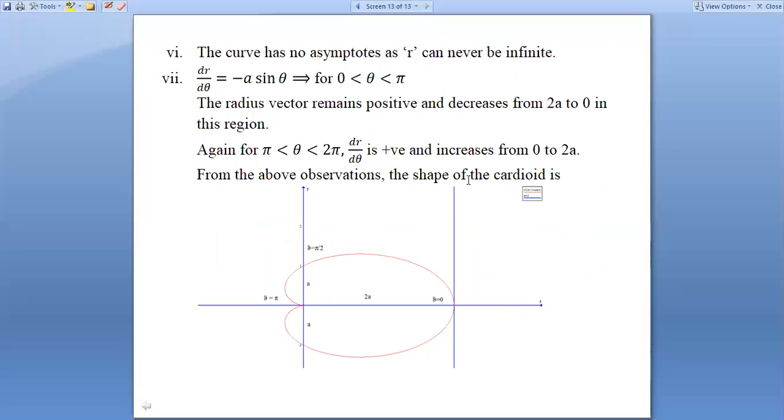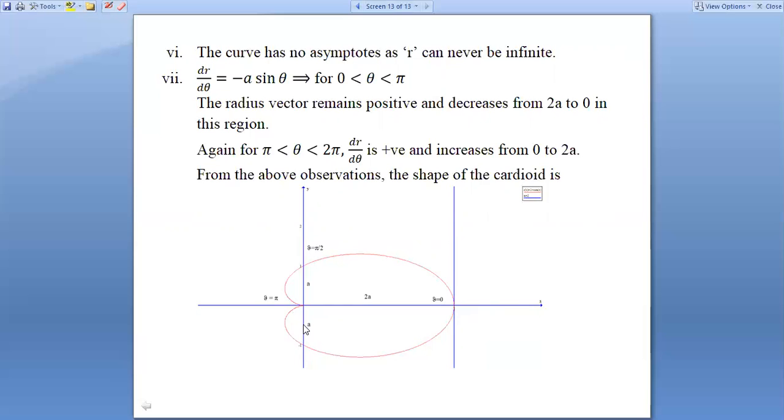So from the above observation, the shape of the cardioid will be of this form. At theta is equal to 0, at the point 2a comma 0, the tangent is perpendicular to the initial line, and it ranges from 0 to pi. From 0 to pi, it travels from a to 2a, the values.